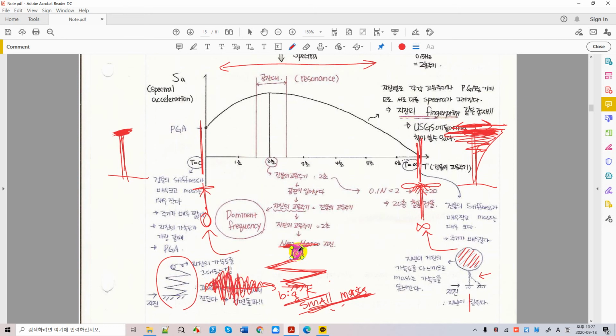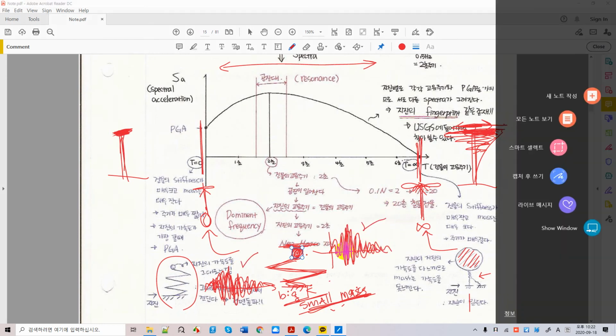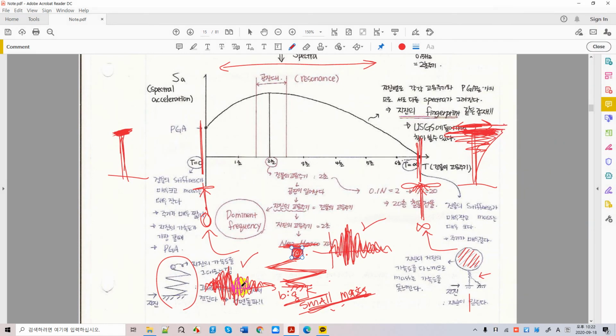So if you're checking your motion right here, you have the same earthquake motion here. So this and this are the same. Do you understand? When your building is very stiff, this and this are the same.